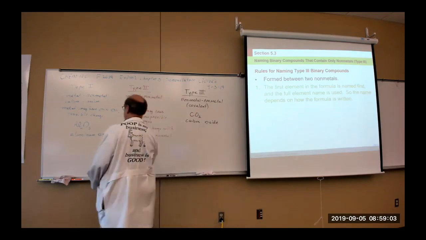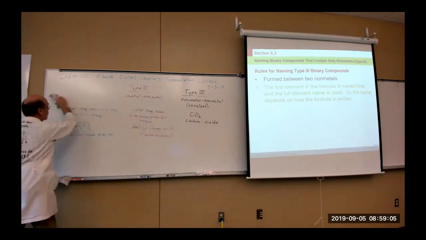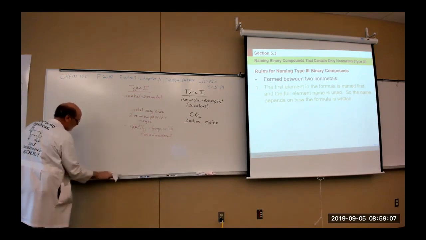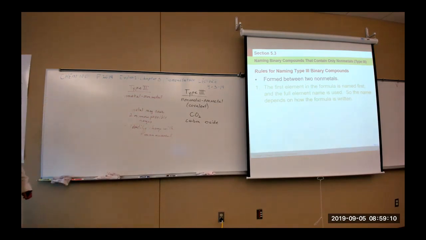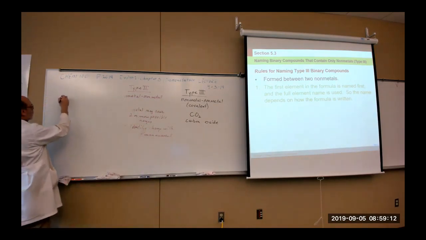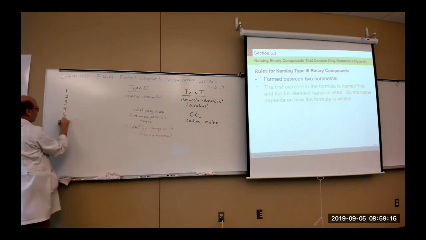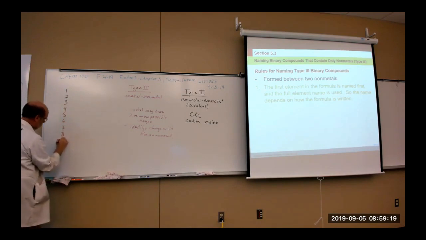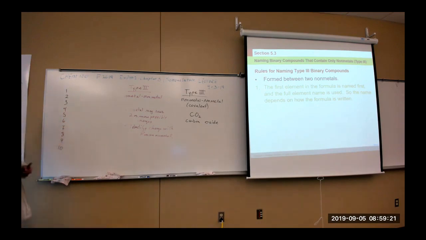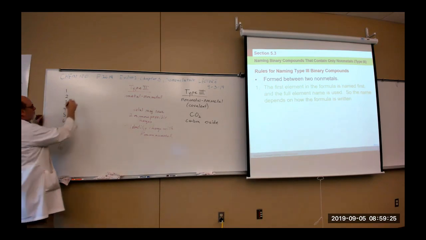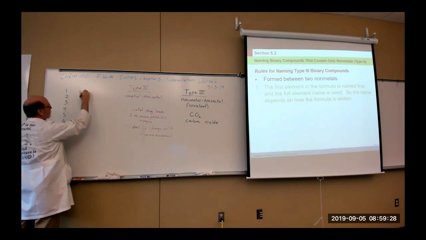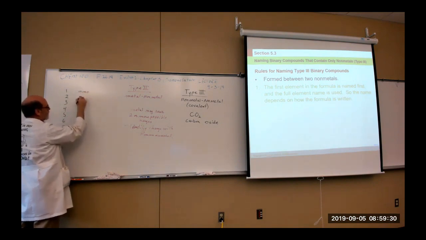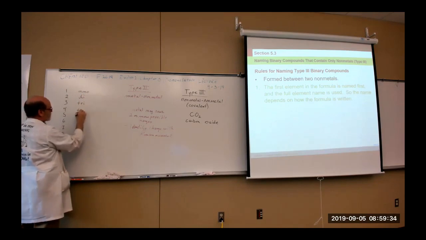I have to go back over here and erase type 1. The Greek prefixes should be in your book. The Greek prefixes for 1, 2, 3, 4, 5, 6, 7, 8, 9. We're going to stop at 10. They go on and on, but 10's enough for us. This is mono. This is di. This is tri. This is tetra.